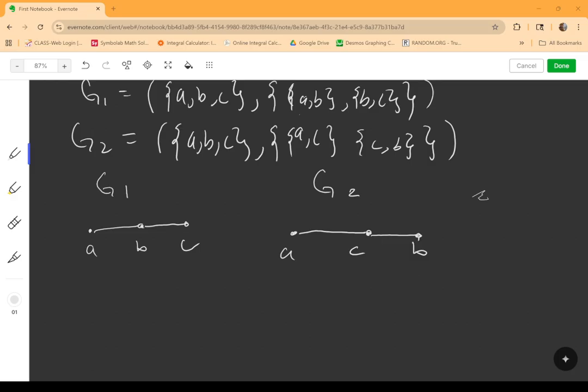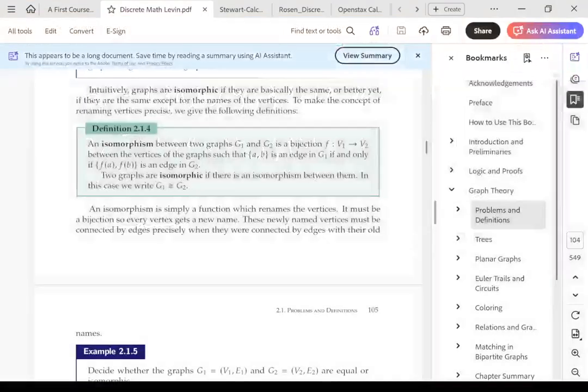Let me bring up a definition from our textbook. When two graphs are the same except for the name of the vertices, we call that an isomorphism.